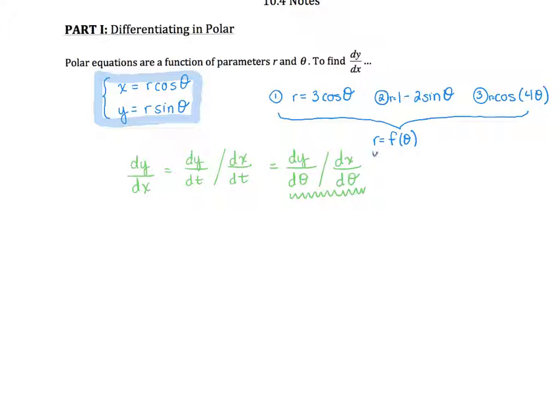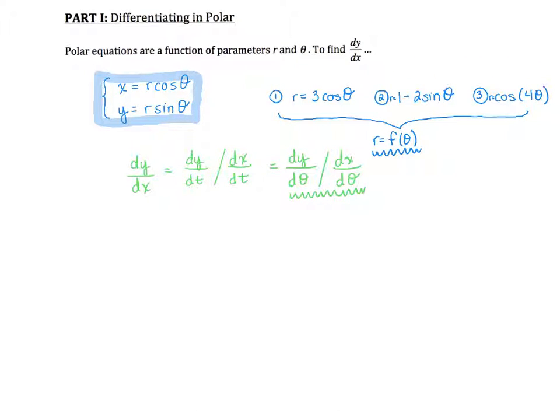And that's where this is going to come in handy. We can now rewrite this as x equals, well, you know what, let's not call it r. If the radius is determined by what my angle is, let me call r f of theta.